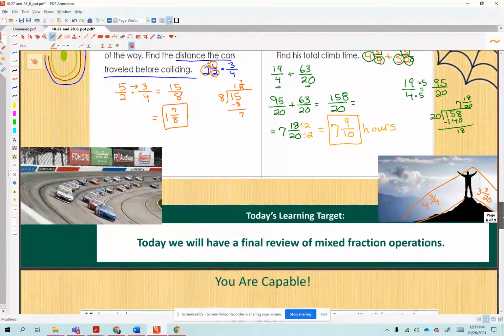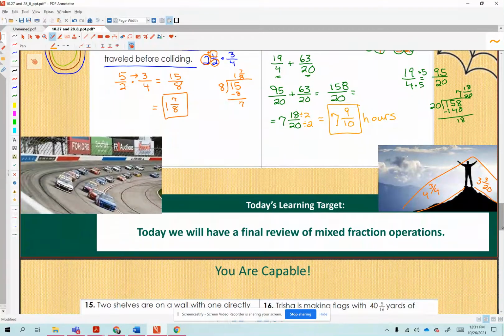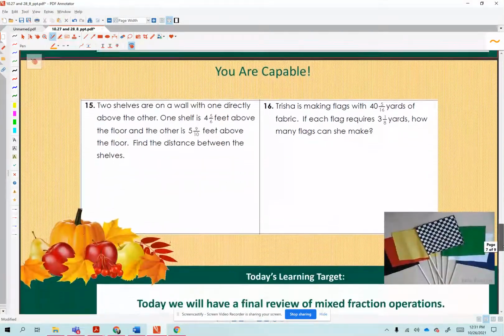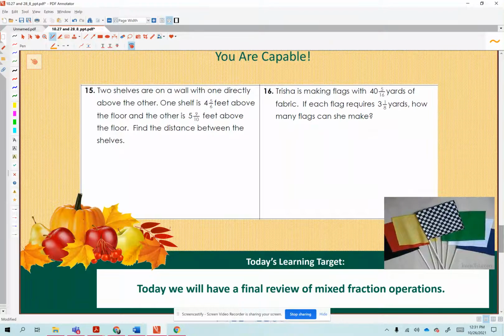Okay, let's look at the next set. We have something about constructing shelves on a wall and a problem about making flags. So 2 shelves are on a wall with one directly above the other. So we have 2 shelves. Here's the first shelf and the second shelf.